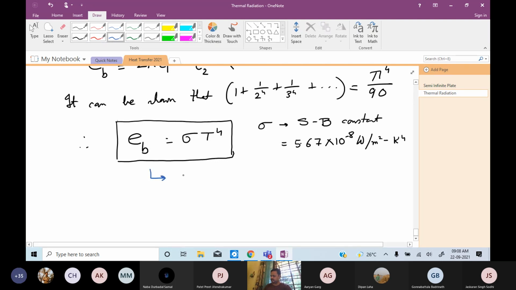We have all seen this before. This is our good old friend, the Stefan-Boltzmann law.